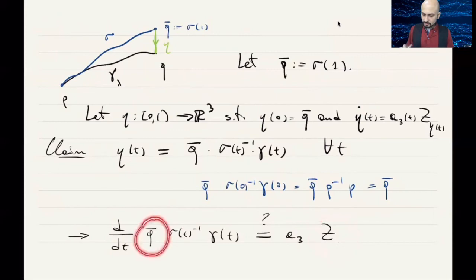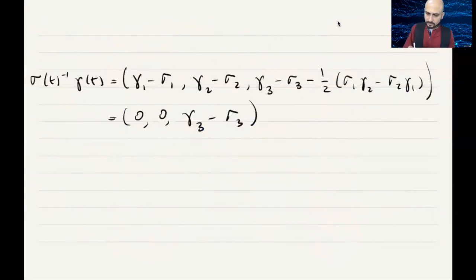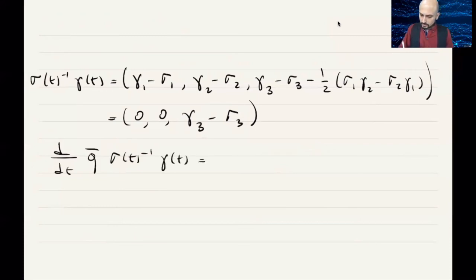So up to left translation, the derivative in time of sigma t to the minus 1 gamma t is equal to the differential of the left translation of the vector 0, 0, gamma dot 3 minus sigma dot 3.